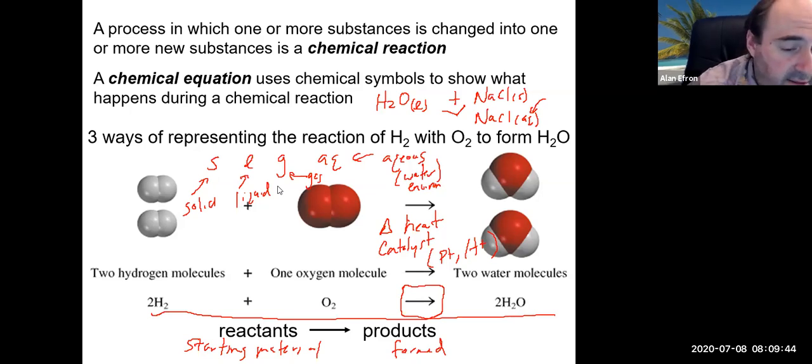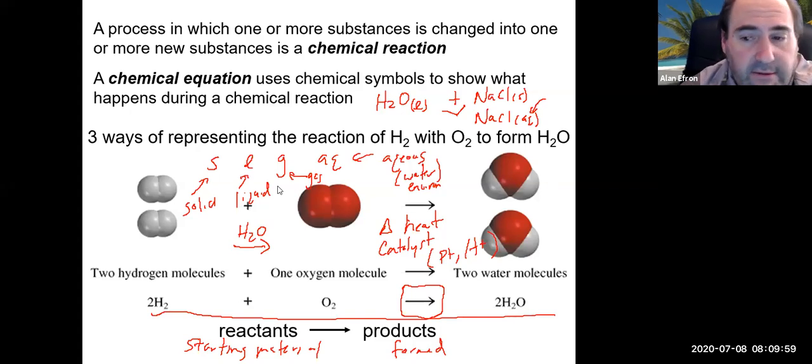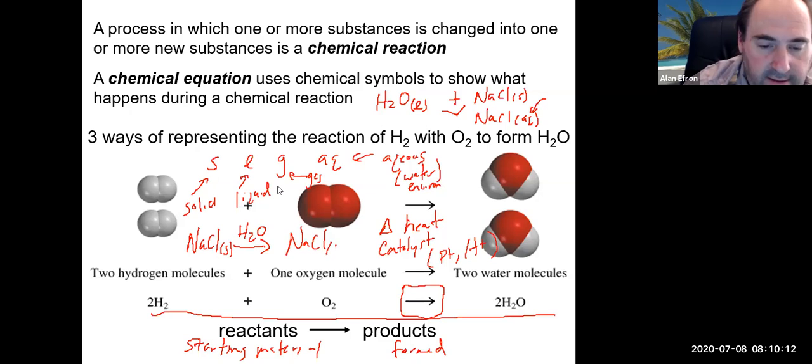And a lot of times in equations, that's what ends up on top of the arrow. Another thing you may see up on top of that arrow is just water. And when you do see water up on top of the arrow, that usually implies that something has been taken and dissolved in water. So for example, like our sodium chloride there, you may actually just see sodium chloride goes to sodium chloride.